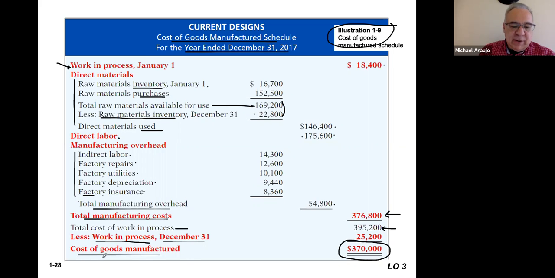So the cost of goods manufactured is the difference between everything you spent on the cost of work in process less what's left for work in process. That's the difference. So even though you might not necessarily need to create a big table like this, this might be a smaller table to do, more simplified.